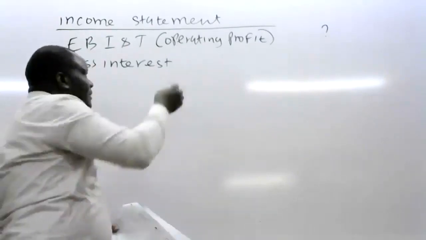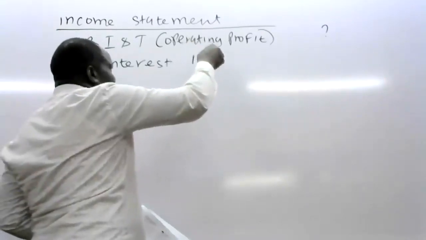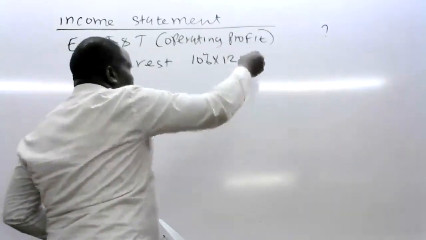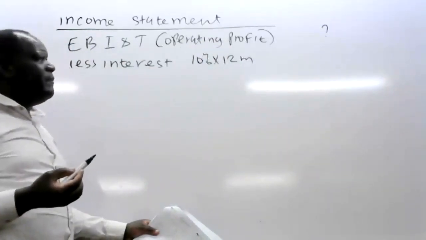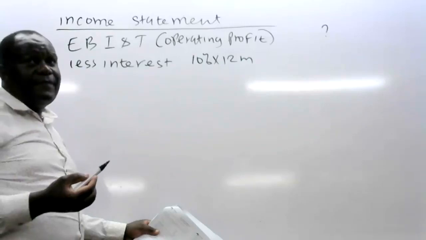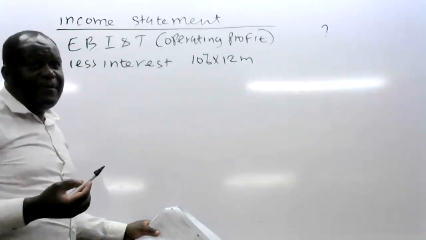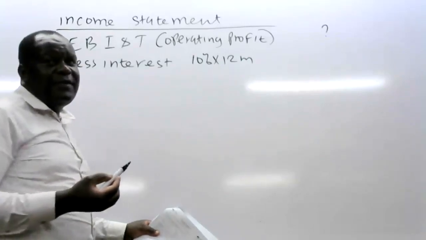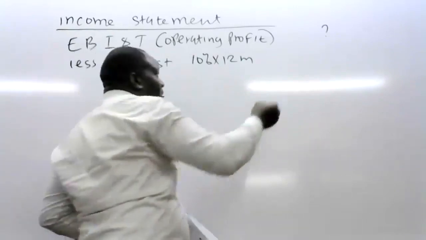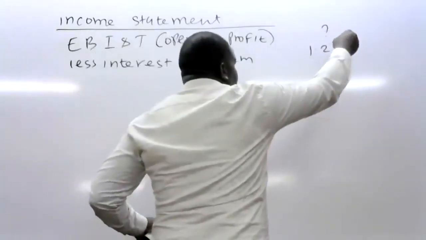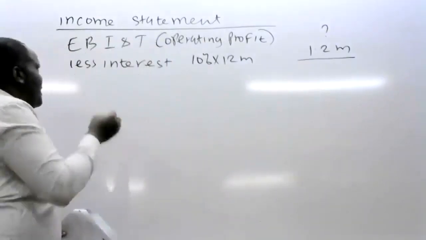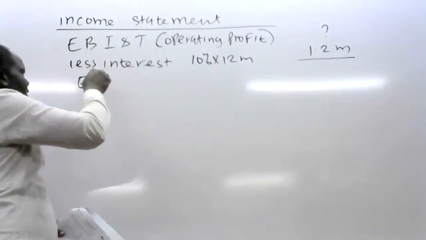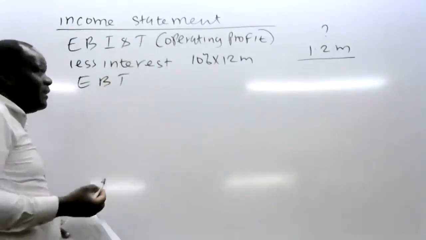So what will be the 10% of 12 million? 1.2. So it will be 1.2 million. So that we get the earnings before the tax.